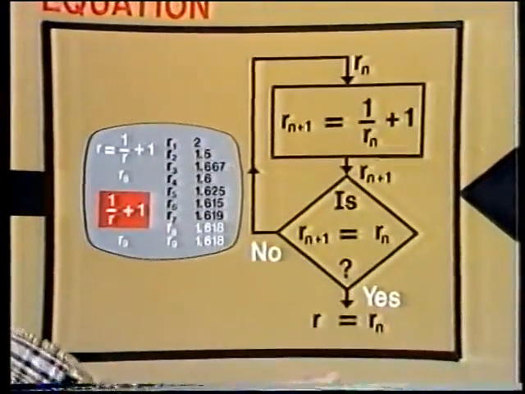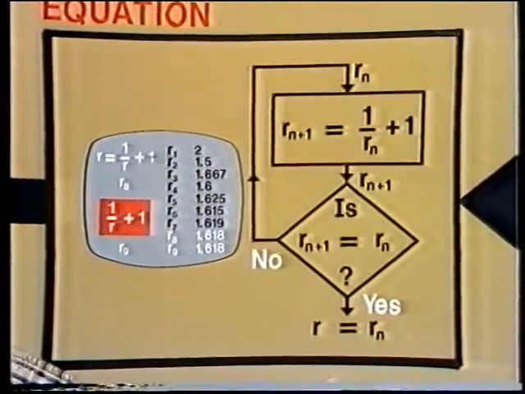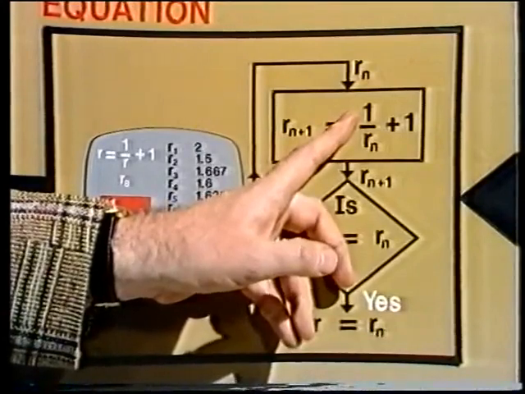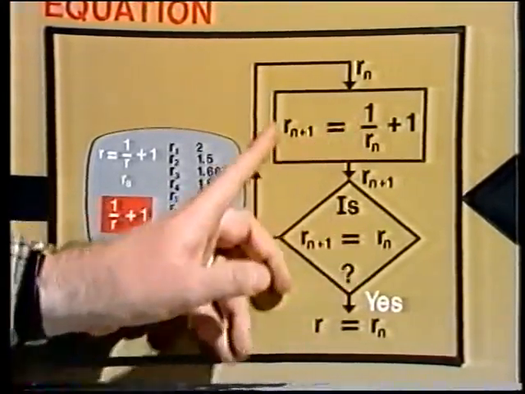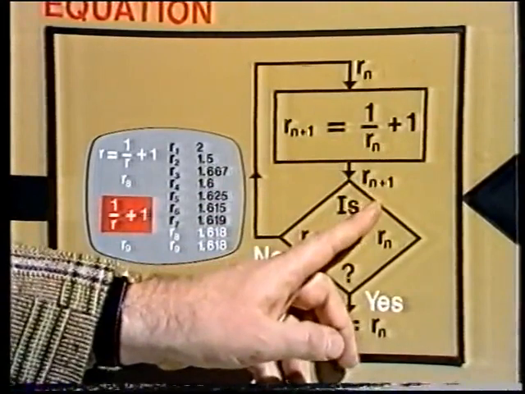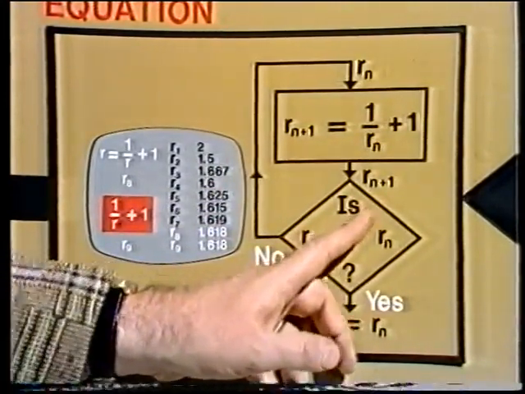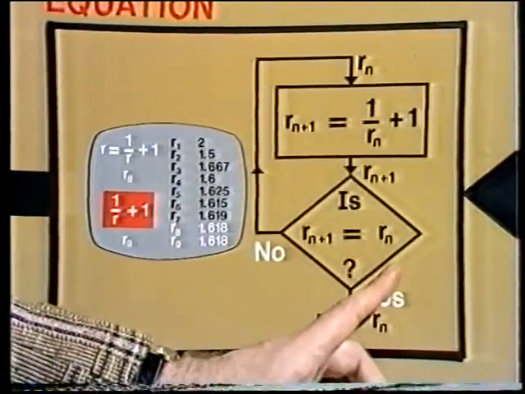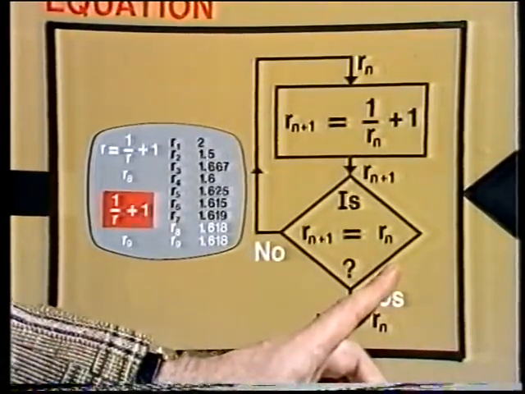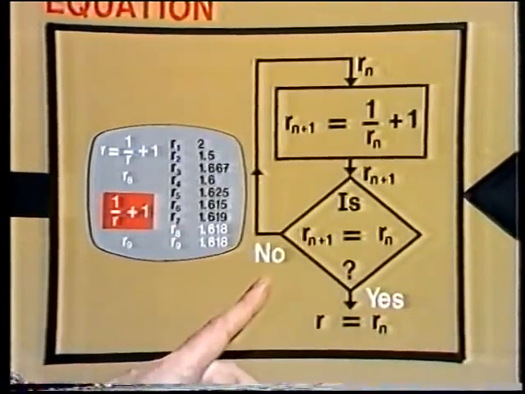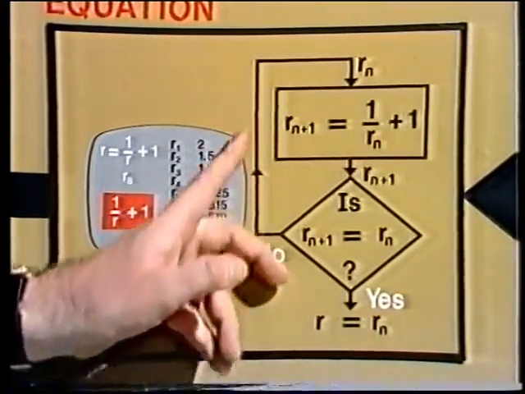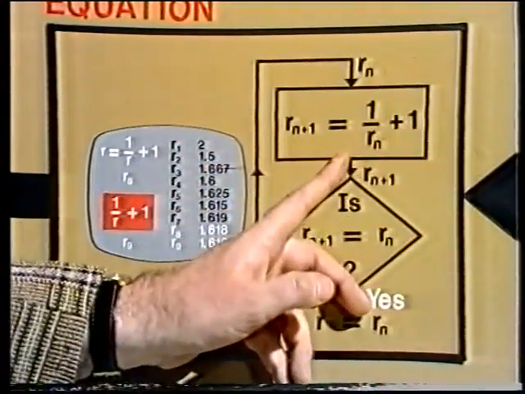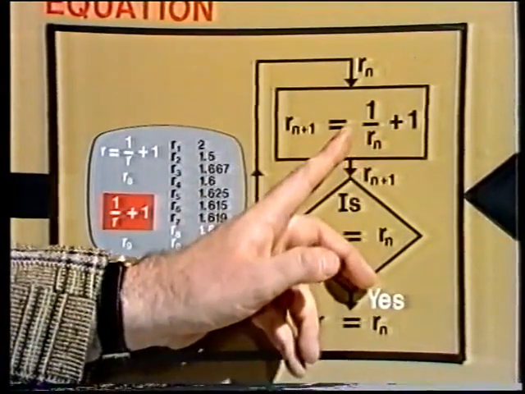Here's a flow diagram describing what's been going on. We start the iteration off by putting n equal to 1. So this is R1, your initial guess. And then you do this calculation, and you generate R2. Then you ask yourself the question, is R2 equal to R1 within the accuracy you're working to? And if the answer is no, then you take R2 and you send it round the iteration cycle up here, and you repeat this calculation, except this time, of course, with n equal to 2.